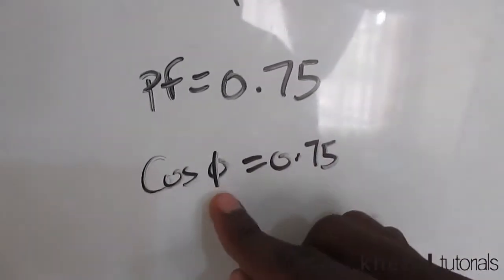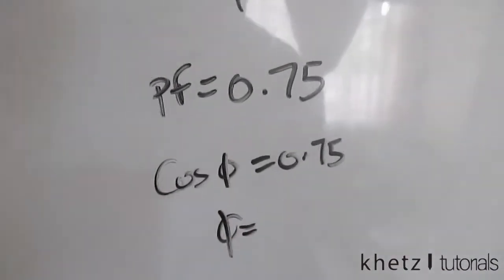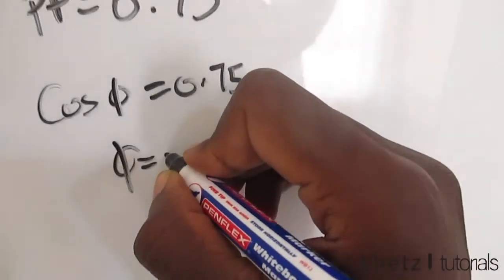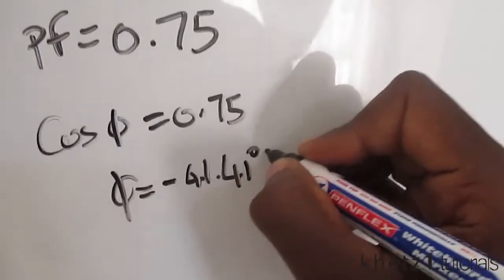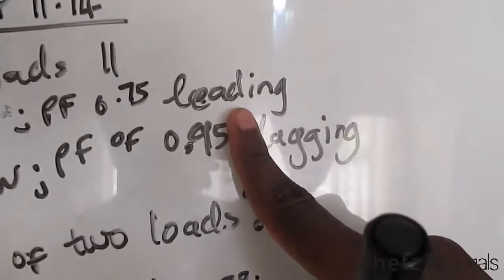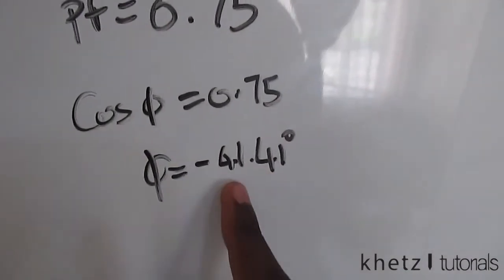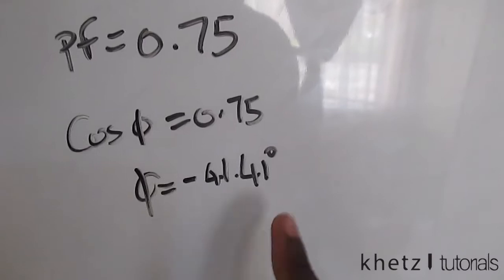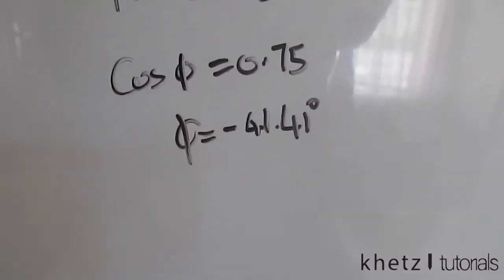We're interested in finding this angle, which you find by doing the arc cosine of that. It's going to be negative 41.41 degrees, because we're told that it's leading, which means the angle of the current is bigger. So when we compute the difference, we have the negative value of this.